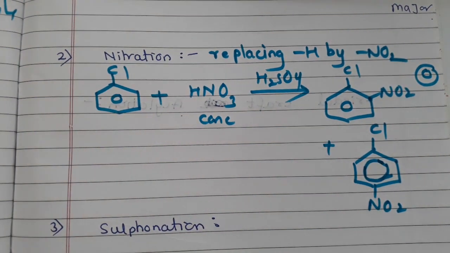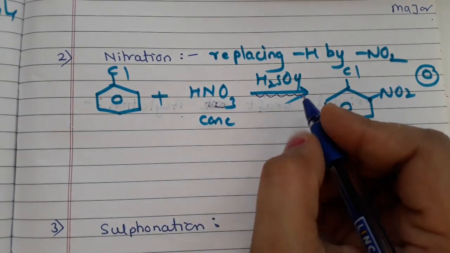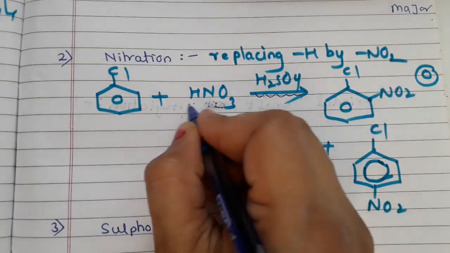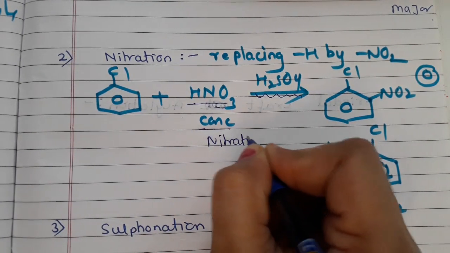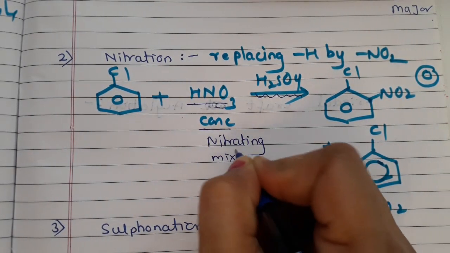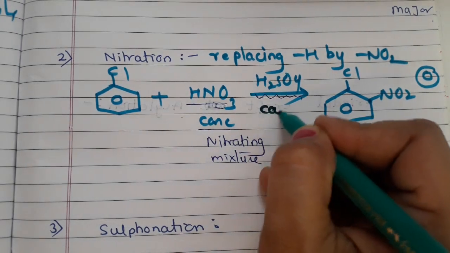Okay. Now students, the question is what is the role of H2SO4 over here? H2SO4 and conc HNO3, this mixture is known as nitrating mixture. But what is the role played by H2SO4? Let us study that.